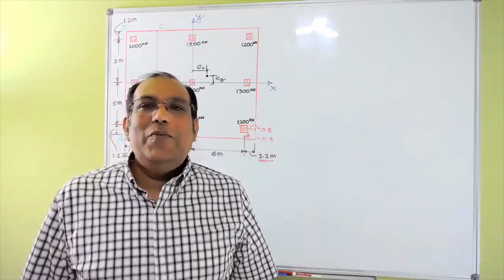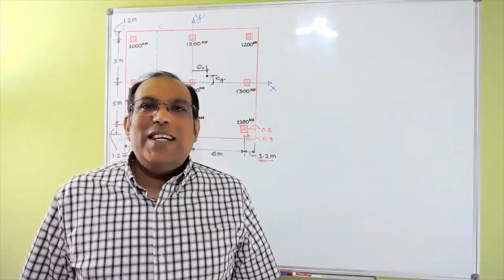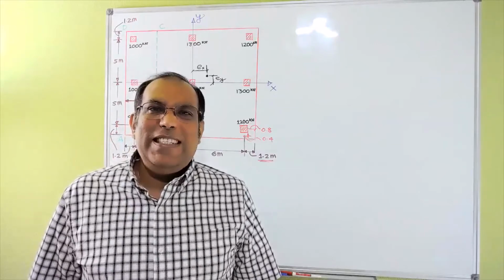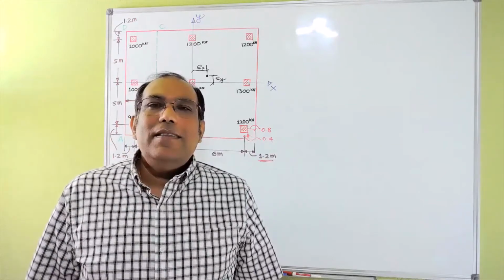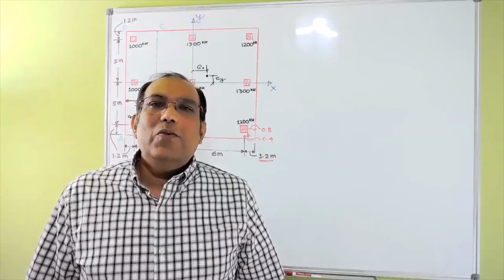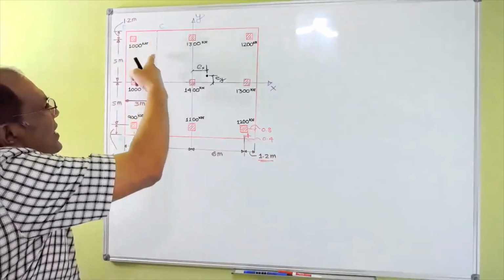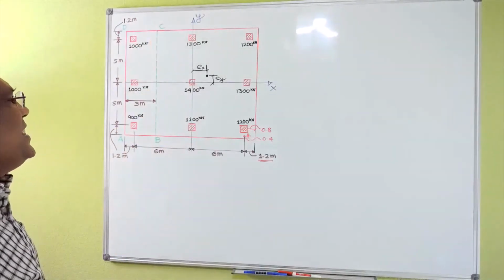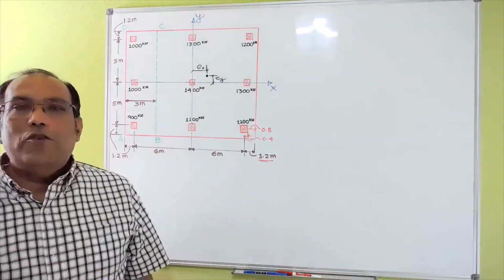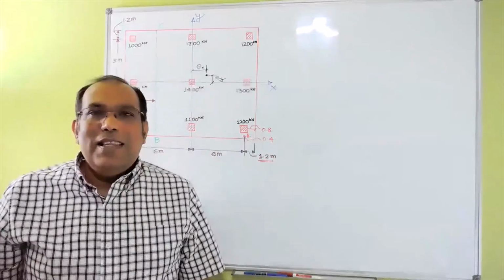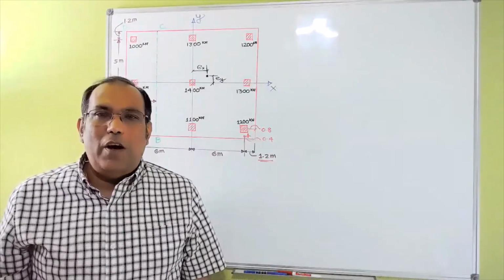Once we get the soil reaction at points A, B, C, and D, you have to make a cut here, a line cut along C and B, to draw your shear force and bending moment diagram. That's the third part of the problem.